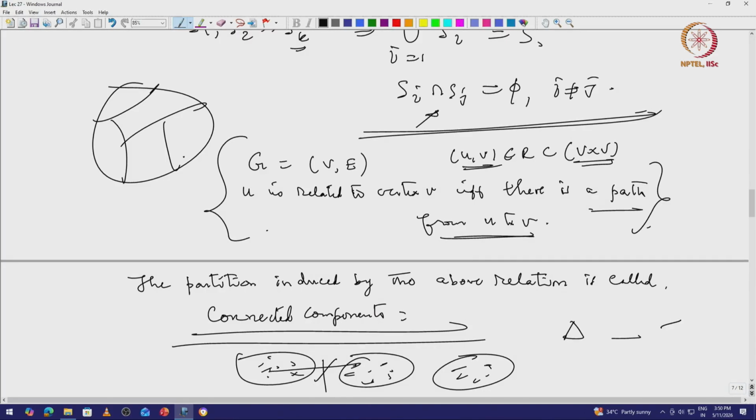If you have several connected components, here is a graph with 3 components. This has 10 vertices, but it has 3 different components. Each is connected.